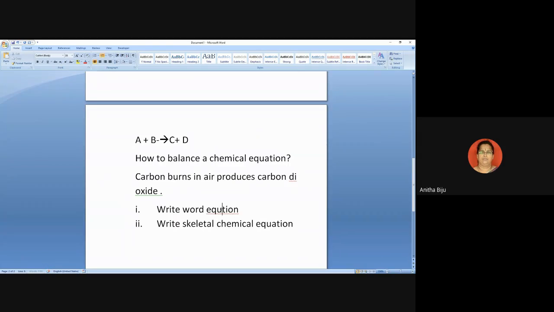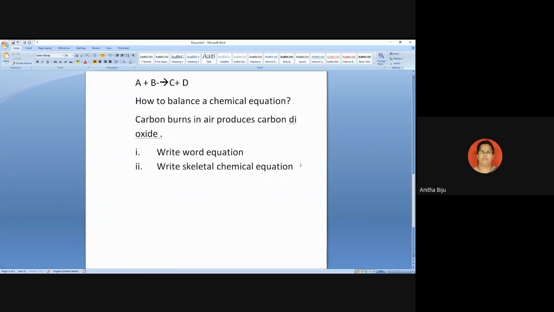What do you mean by skeletal chemical equation? Skeletal chemical equation means that by using symbols and formulae of reactants and products, we represent the reactants and products involved in a chemical reaction. Understood? That is called the skeletal chemical equation.